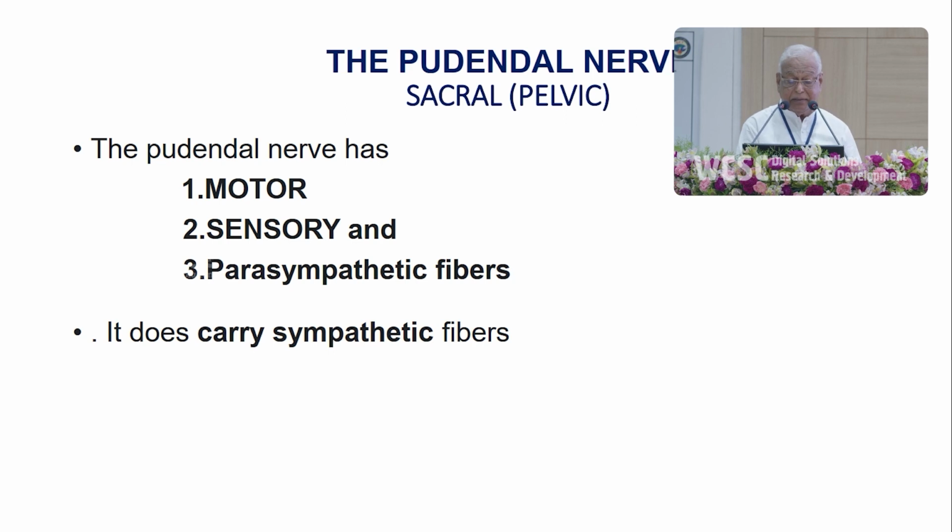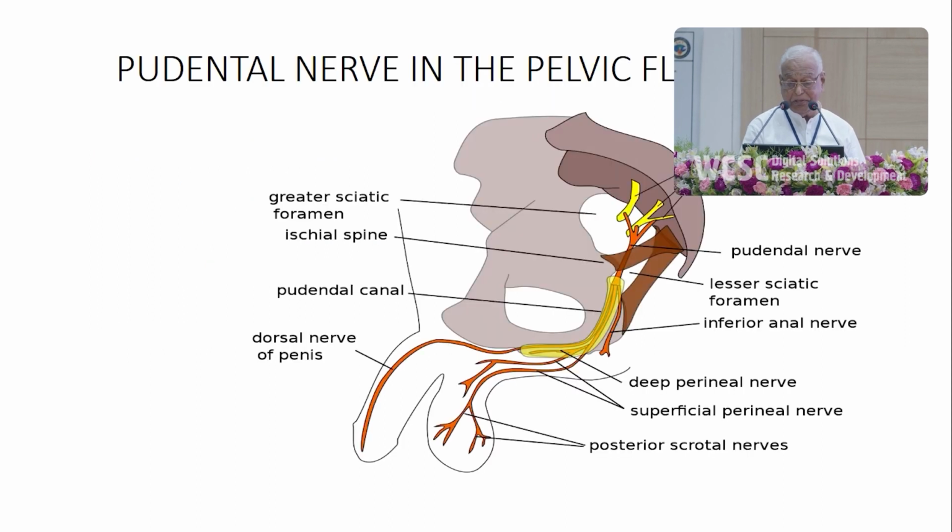The pudendal nerve contains motor, sensory, parasympathetic fibers and carries a few sympathetic fibers also. And see this picture. Though I said the pelvic muscles are plenty, it is the only one nerve which supplies the whole pelvic area, including the genital organs.